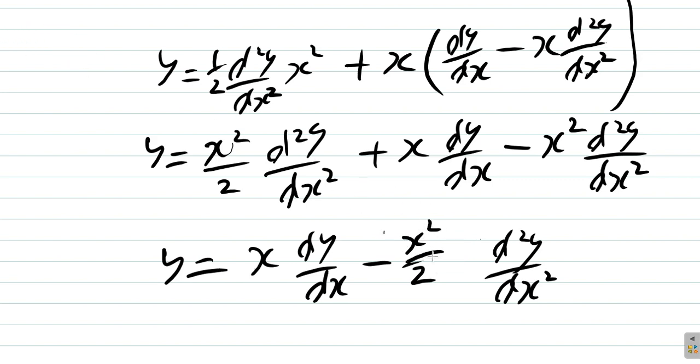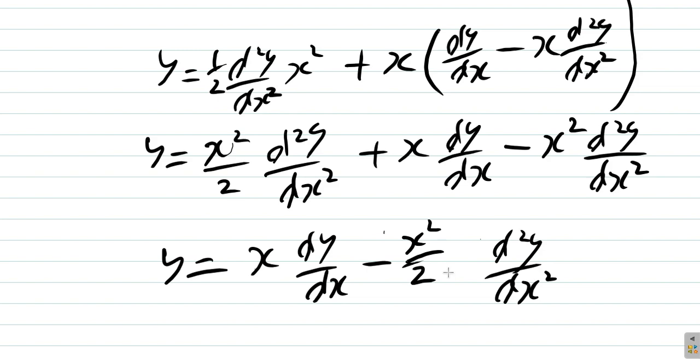So we have y equals x dy by dx minus x squared over 2 d squared y by dx squared. Alright, we got rid of the a and b, the arbitrary constants. And what we have is a second order differential equation. Right? The highest derivative is d squared y by dx squared.